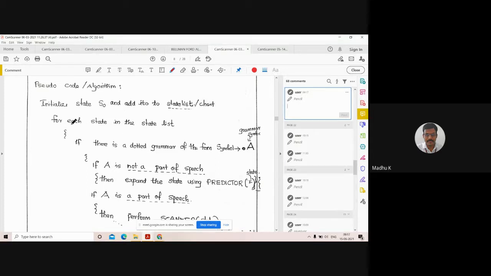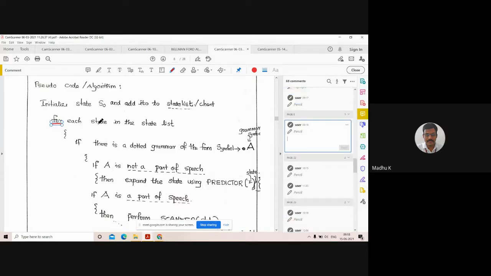Then we will enter a for loop. In that we will take each state. A state contains different dotted grammar rules, and we will analyze each grammar rule.